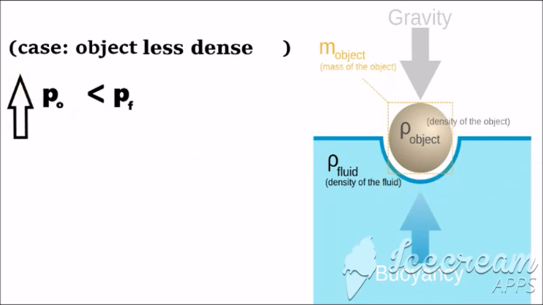And we can add something to this. The density of the object multiplied by the volume of the object, if that is less than the density of the fluid multiplied by the displaced volume of the fluid, then again the object will go up. The density multiplied by the volume is the mass, and we're still going with Sleeping Warrior's theory.